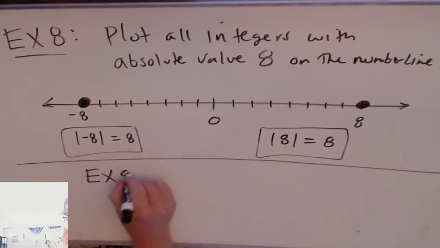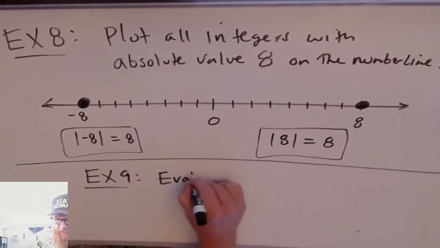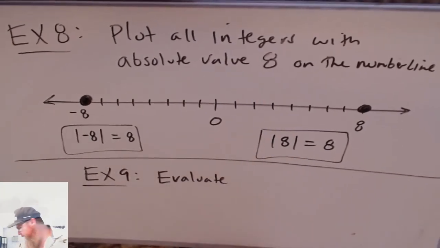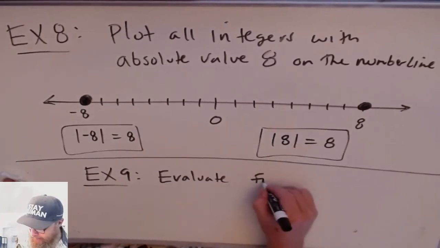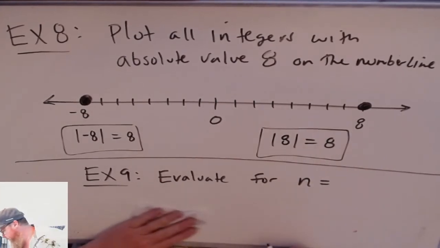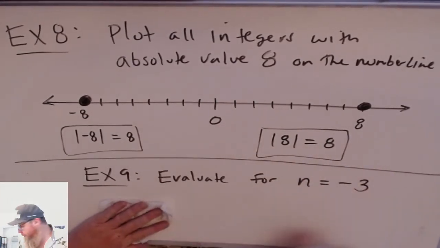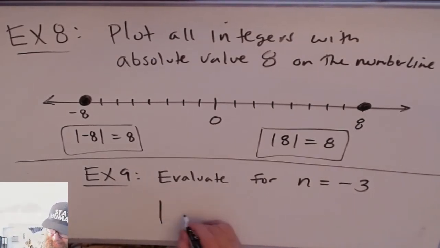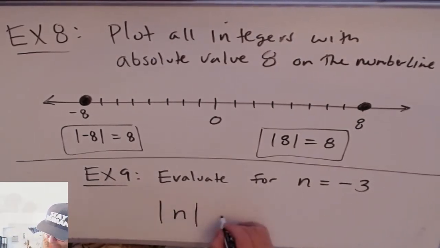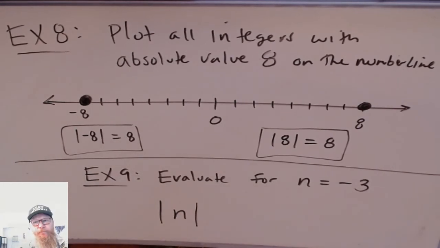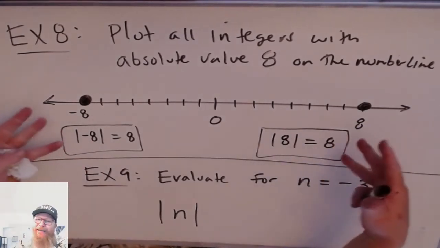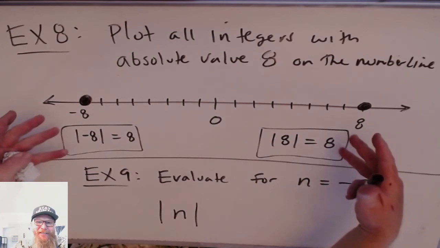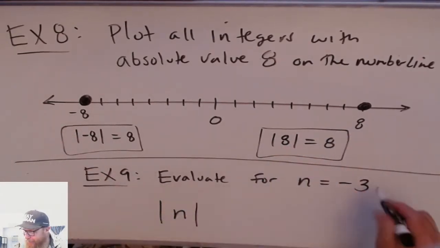Example 9. Evaluate, for n equals negative 3, the absolute value of n. It's kind of like what I just did here on the number line, but instead of using 8, I'm using negative 3.